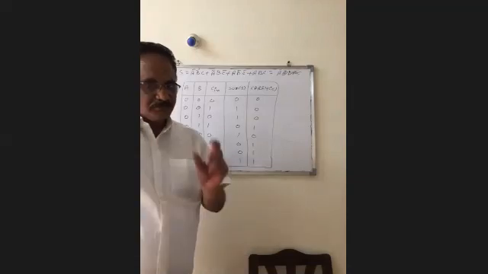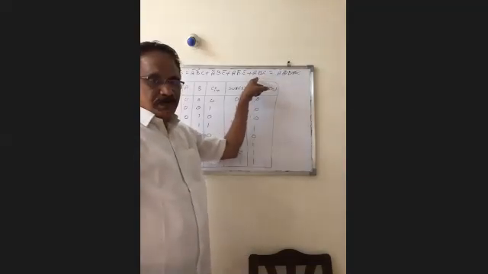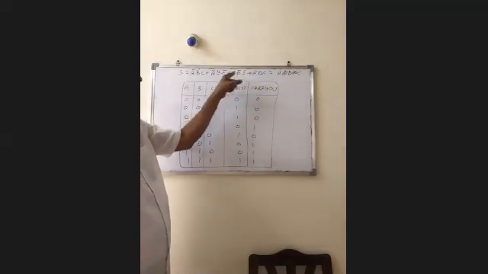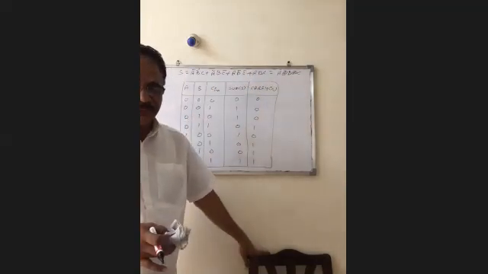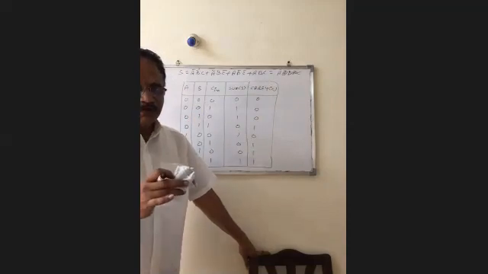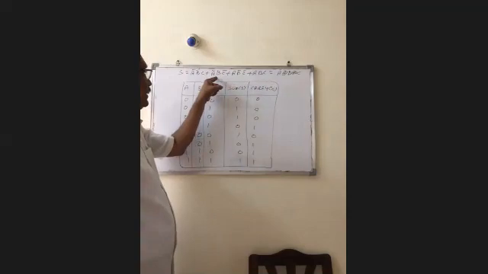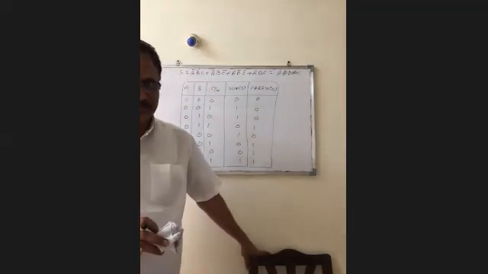In that one, there are 4 product terms. In one product term, all the variables are in uncomplemented form. In the remaining 3 product terms, in each term, only one variable is in uncomplemented form: in this case A, in this case B, in this case C.